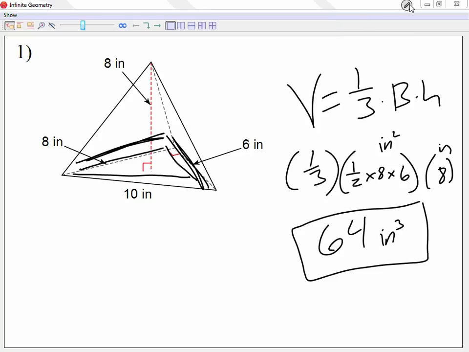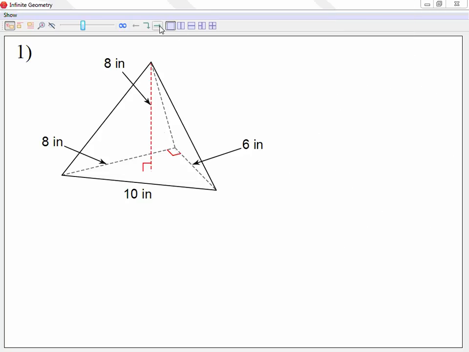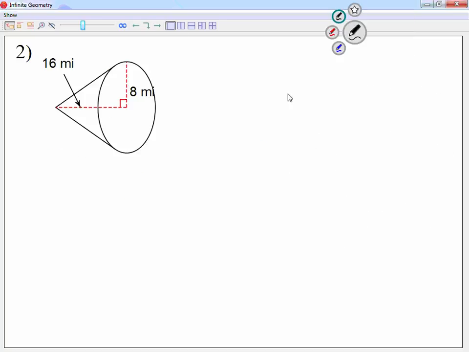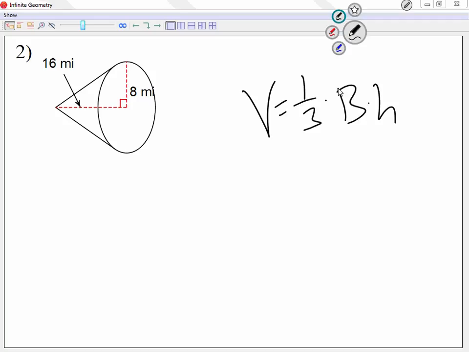Let's take a look at question number 2. Volume is 1 third times the base times the height. So 1 third is just 1 third, right? 1 divided by 3. The base is a circle. The radius is 8 because it's only from the center out.